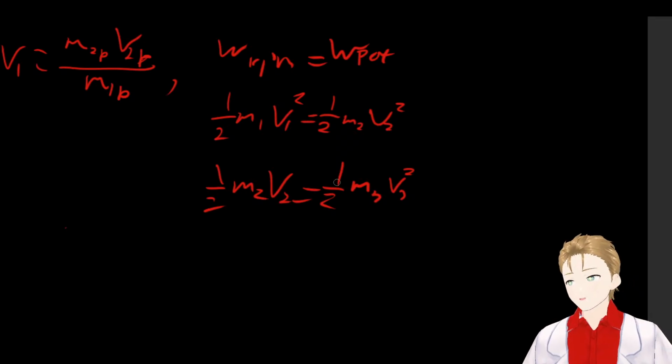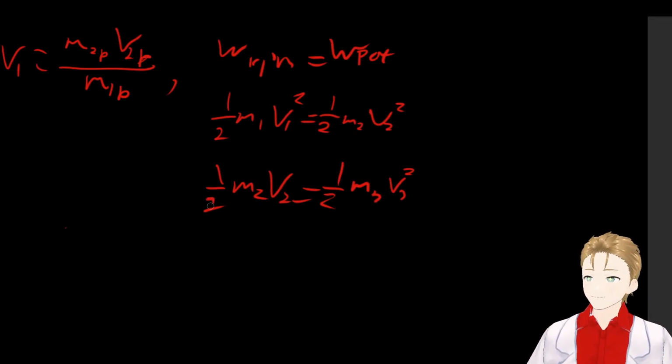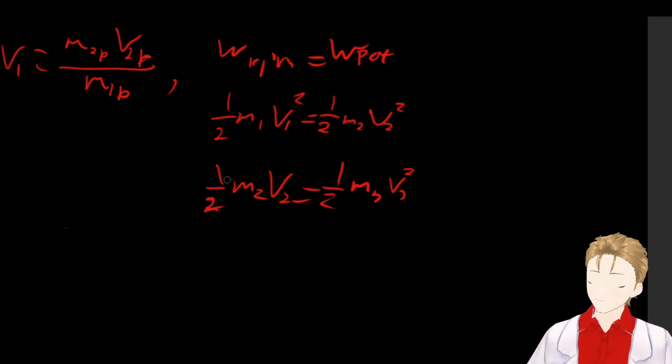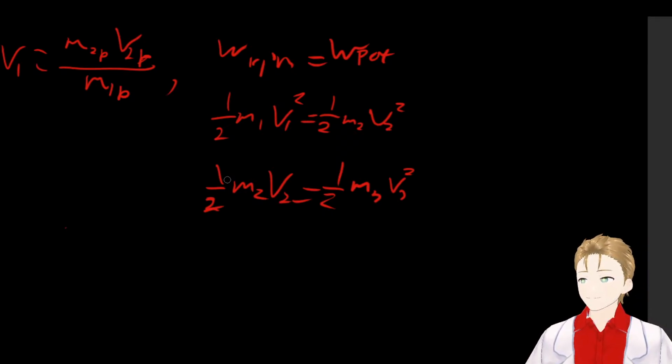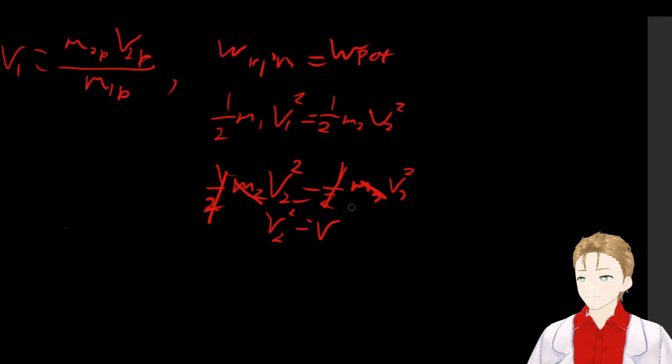Anyways, these are the pendulum elastic stuff, so velocity 2 squared is equal to velocity 3 squared.